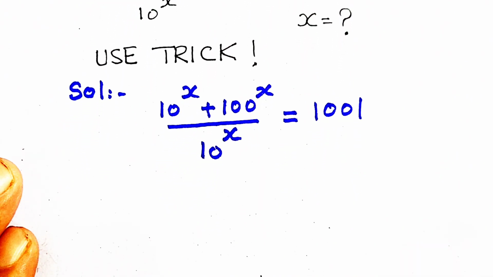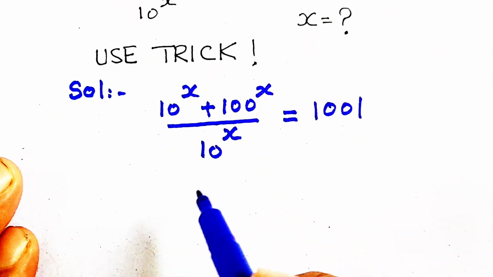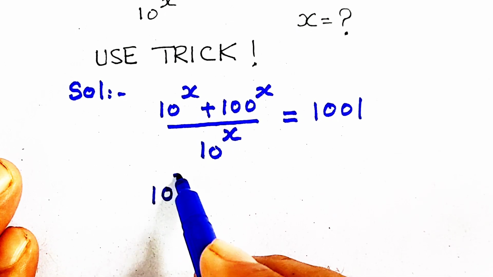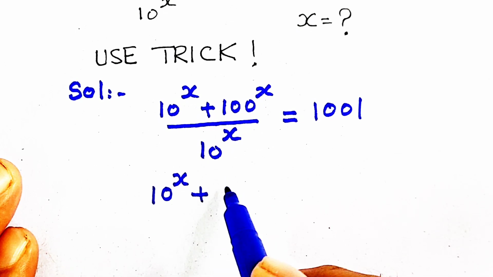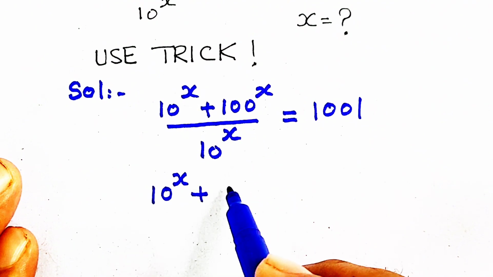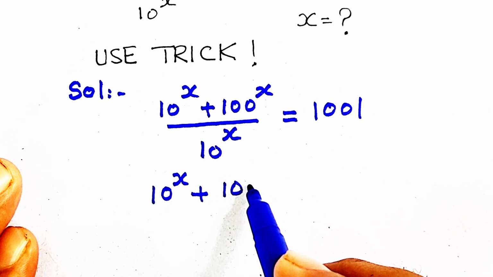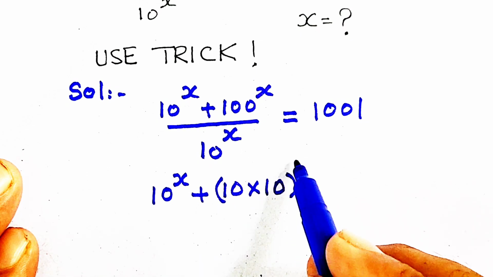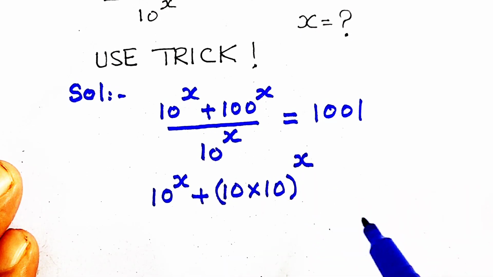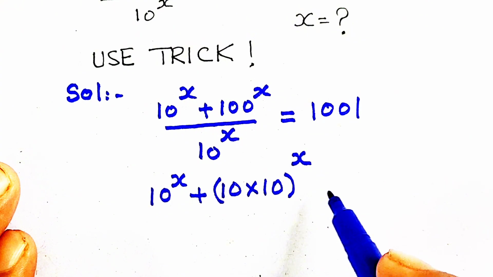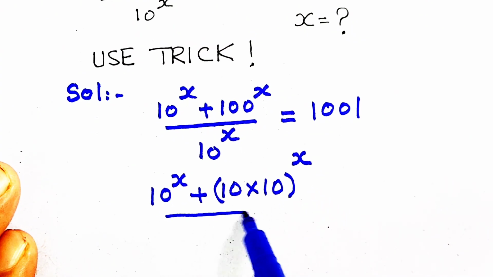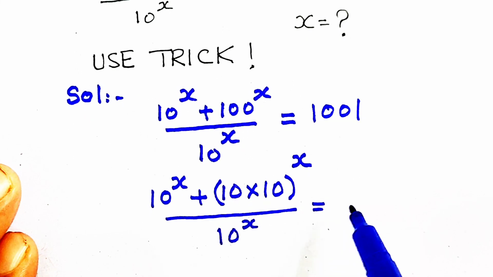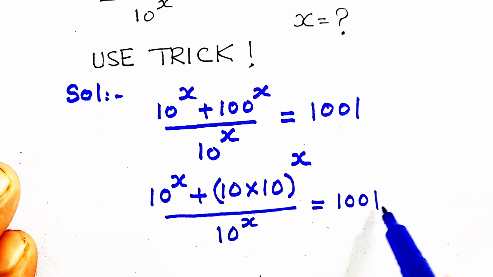So 100 make factors, we will get 10^x plus 10 multiplied by 10, to the power x, divided by 10^x is equal to 1001.